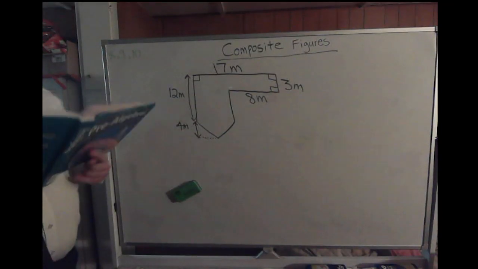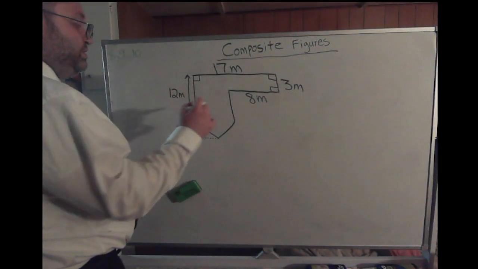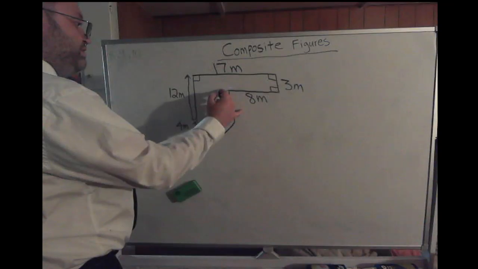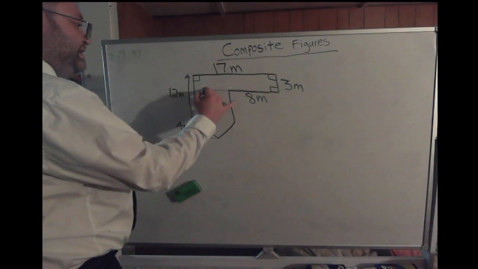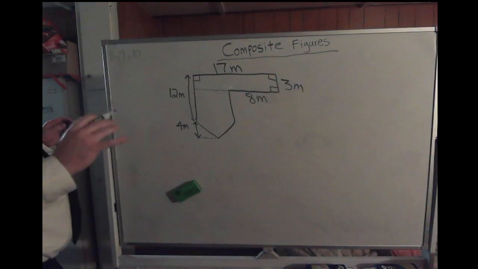Alright, so we got this wonderful shape here. Well, how the heck are we going to solve this? I can clearly tell you what I would do. I would create an imaginary line and make this top part a rectangle. I would certainly do that.